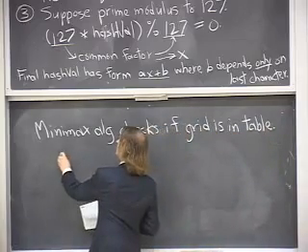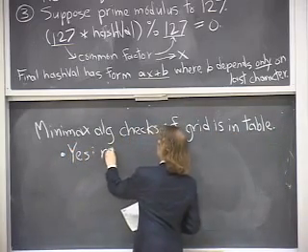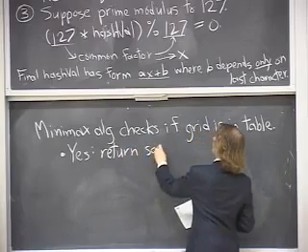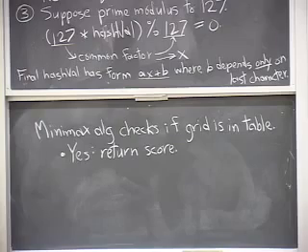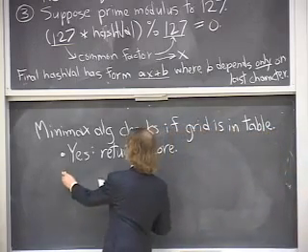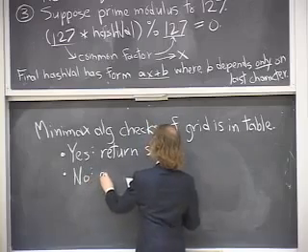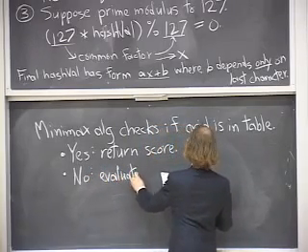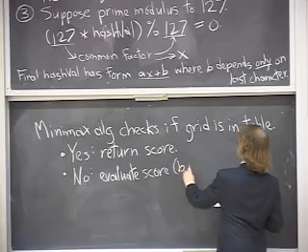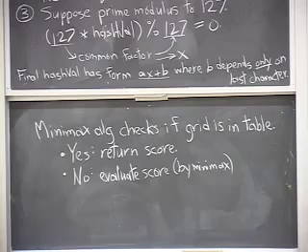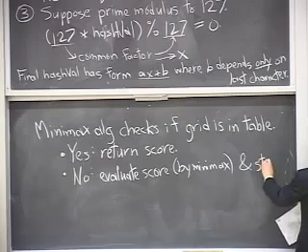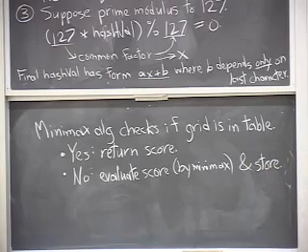And if the answer is yes, then you just return the score that's in the table, and you save a lot of time on not having to do minimax again from that game board. But if the answer is no, then first of all, you evaluate the score as usual by running minimax recursively, or by using your evaluation function if you've bottomed out. And then you store it so that if you encounter that board again, you'll have that number on hand in your hash table.